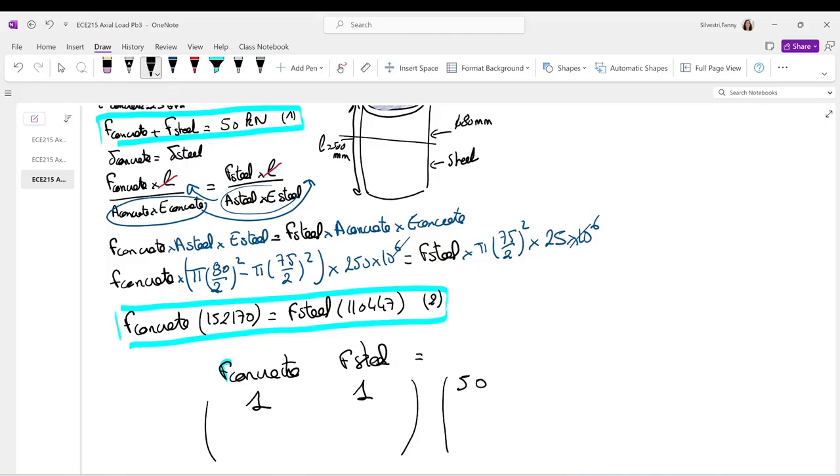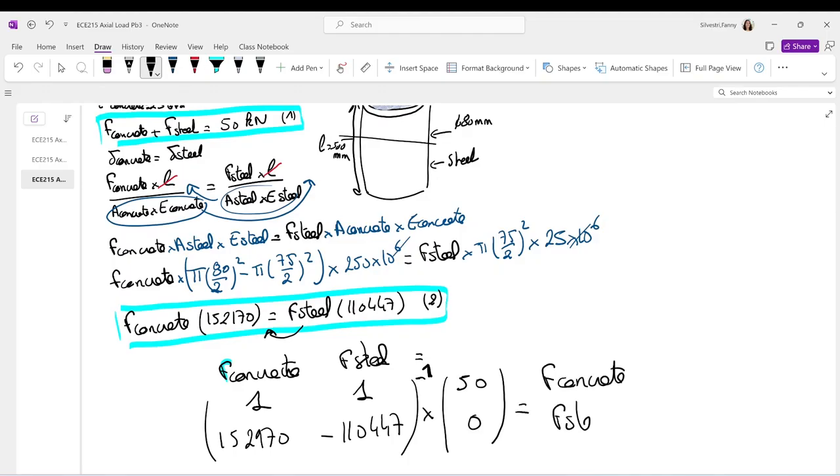And the second one will be 152,170. Don't forget that I move that to the same side of the equal sign, so to the left. So after that I have minus 110,447, and this is equal to 0. And I will do the first matrix inverse times the second matrix, and I will find the force in the concrete and the force in the steel.